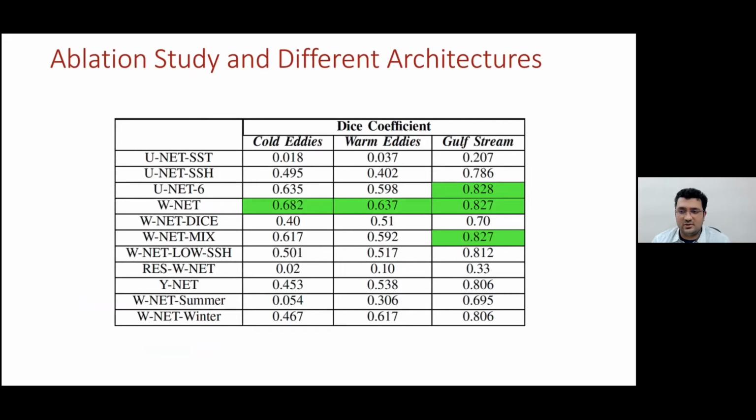So that's usually how this kind of research goes on. And among all of these, we really find that this WNet gives you the best accuracy for simultaneous detection of cold eddies, warm eddies, and Gulf Stream.